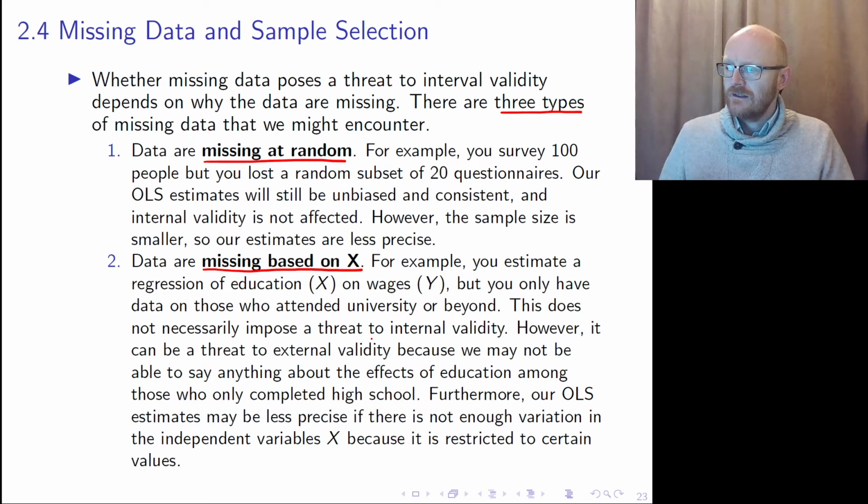But it's not necessarily true that you can use the model on people with a different set of education levels. So the external validity might be subject to a problem.